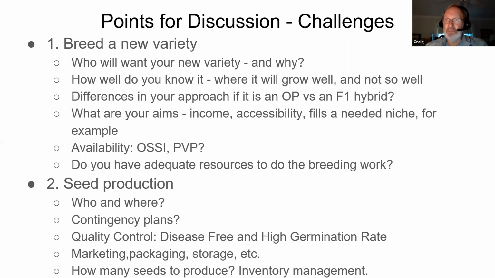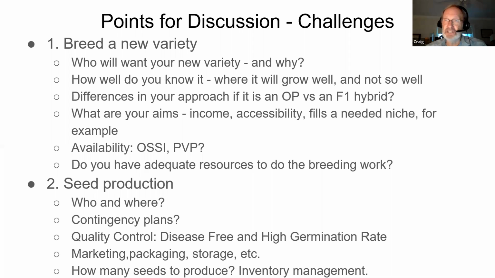This is one that I'm sure we're going to want to spend a bit of time on, because there is a difference in approach, in endpoint, in expectations, if you're looking to put out a stable OP variety, or if you want to sell an F1 hybrid. What are your aims? Is this something that you really want to depend on income-wise? Do you want to please gardeners or farmers or fill a needed niche? Availability, OSSI, PVP, etc. And do you have adequate resources to do this work?